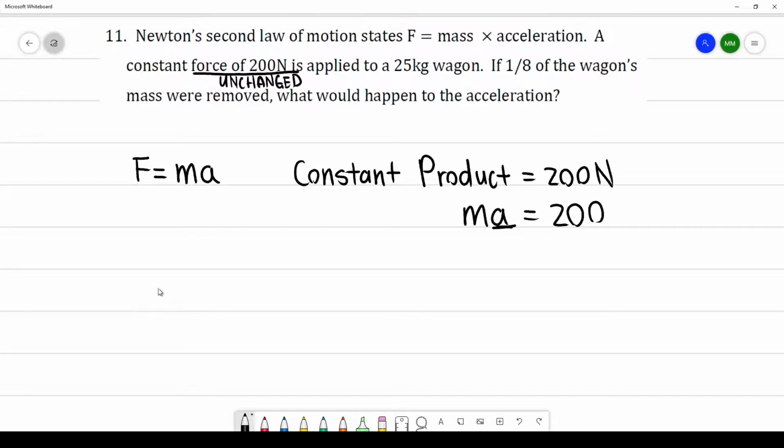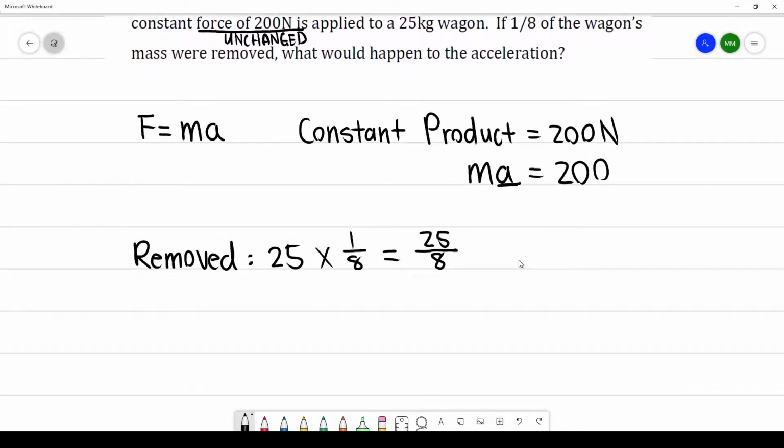So first we have to find out how much was removed. It's 25 times 1/8, and I don't know the numerical value, but I'm just going to say it's 25 over 8. So how much is remaining?